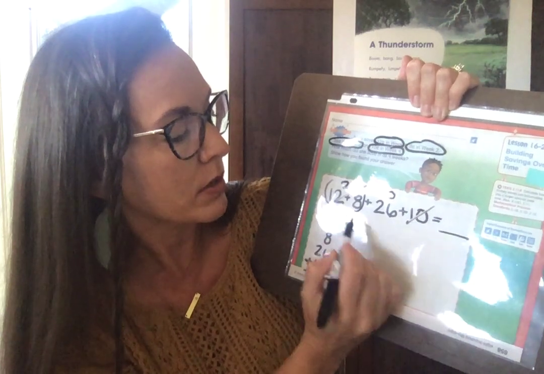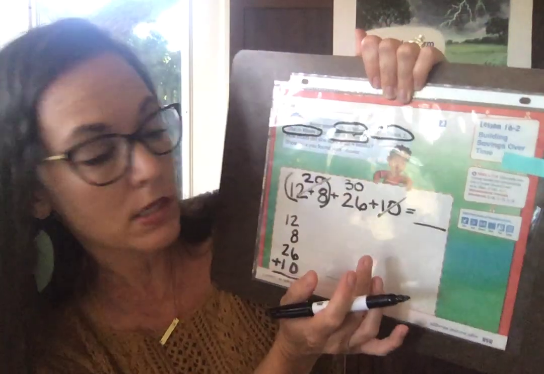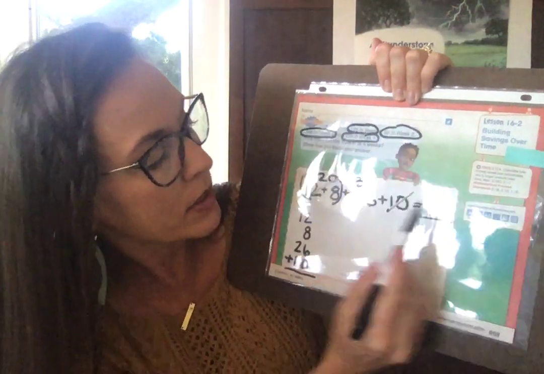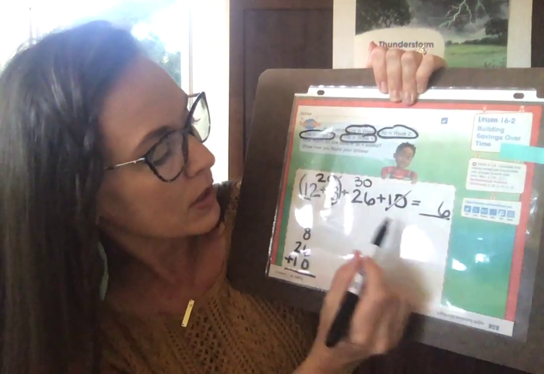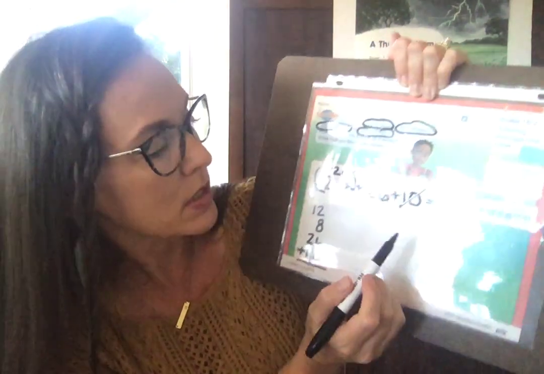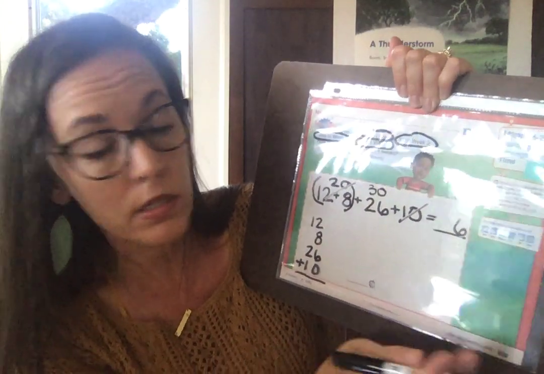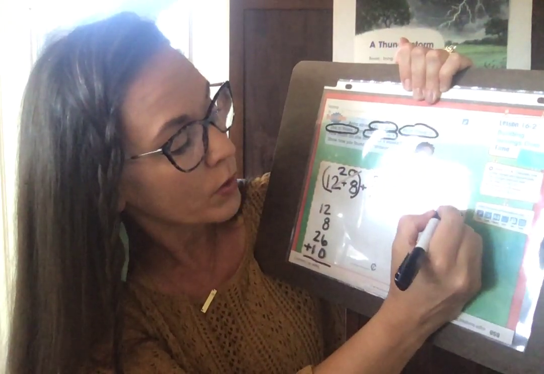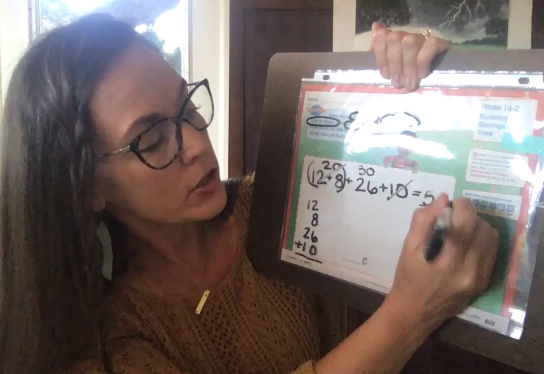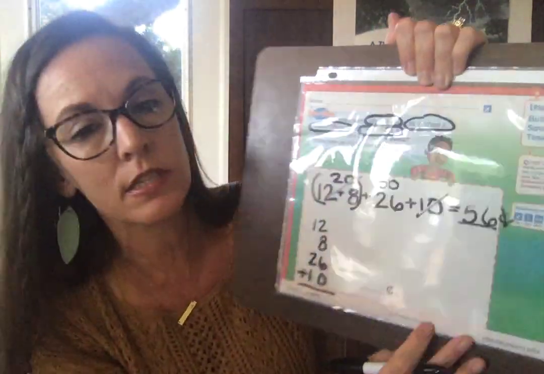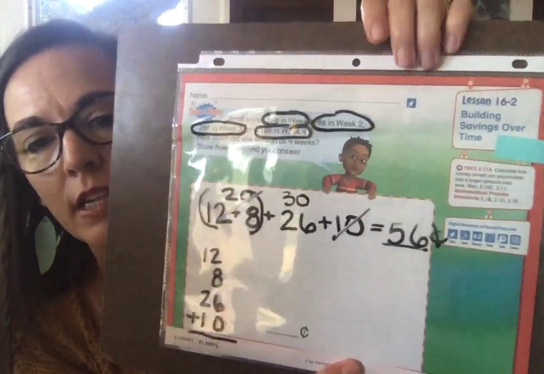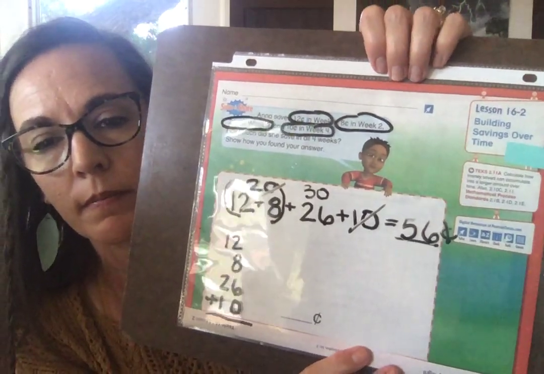So that's 30 altogether. And I'm going to put that with my 26. Well, I know if I'm adding on to 0, I'm still going to have 6 in the ones place, because 6 and 0 is just still 6. And so I need to think about 3 tens and 2 tens. Well, if I put together, that would be 5 tens for a total of 56. And then I'm going to follow that by the cent sign to make it say cents.